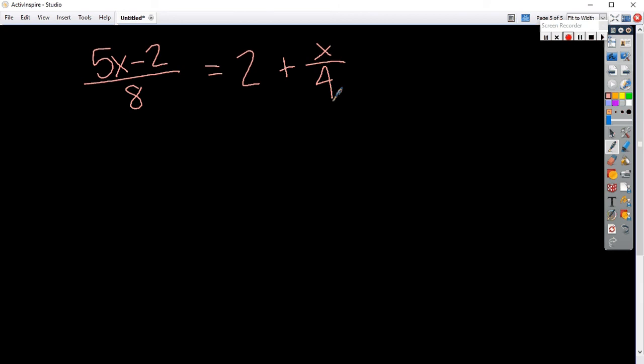There's fractions, right? Those are going to cause me some trouble. We need to get rid of the bottom parts. How could we do that? Did you say make them the same? That's exactly right.